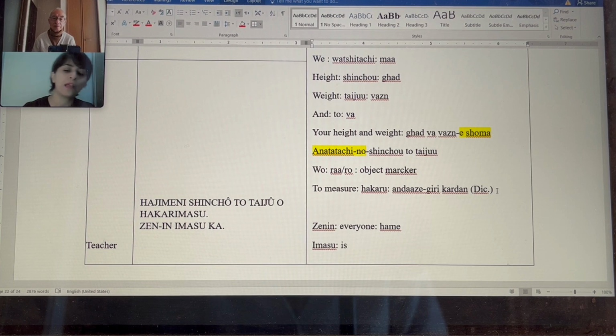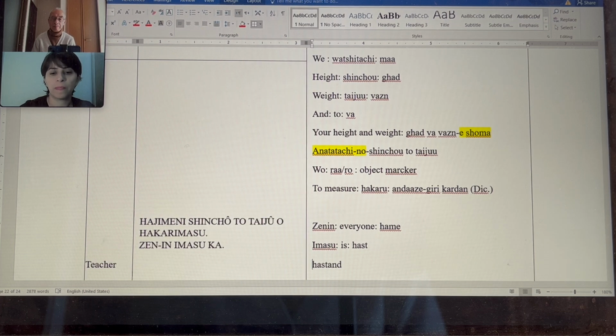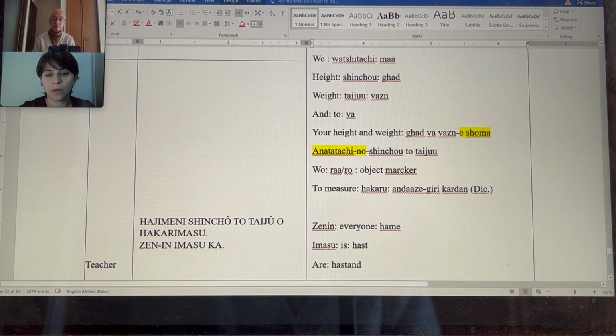But in Persian, what we use is the plural form. So hastand. Of course, for a singular it is hast. But for everyone we use the third person plural, hastand.